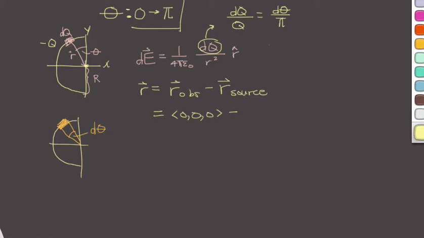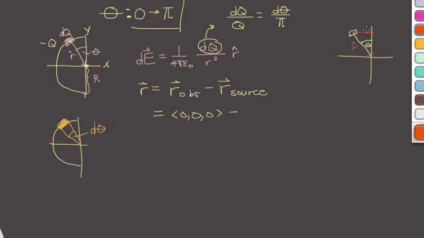Okay, so let's draw one more picture here that's maybe just a little bit simpler. So you can imagine here's my dq like that, and here's my angle theta right here. So my r goes down here, points down towards the origin like that.